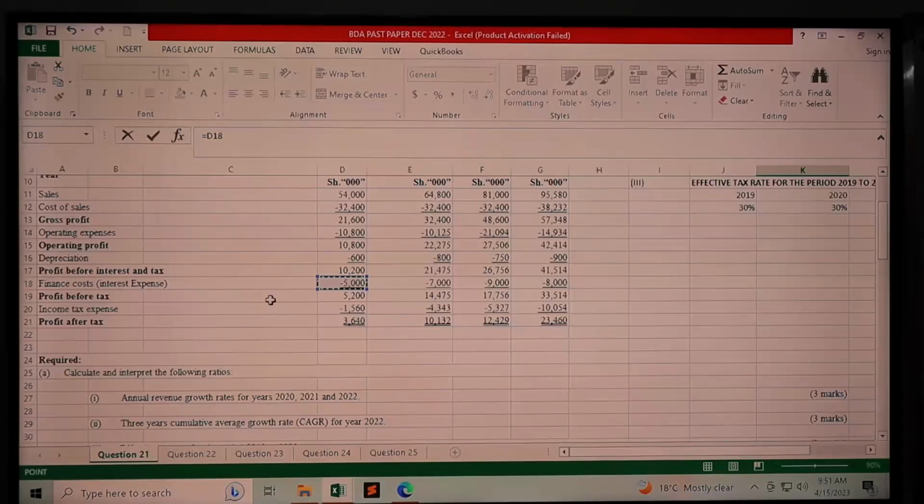So the total expenses, and it was minus. So it should give us minus interest expense.